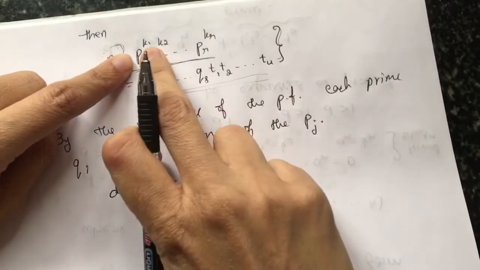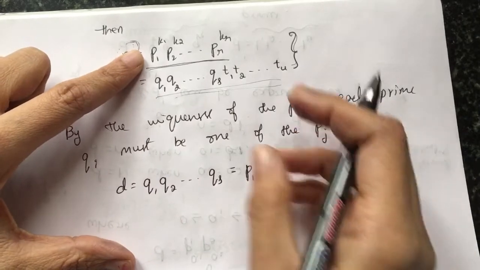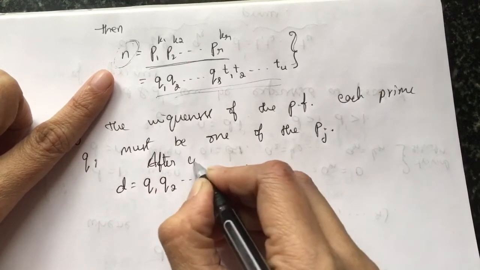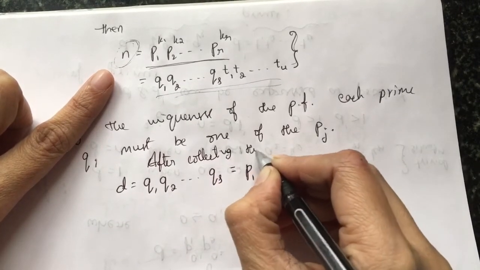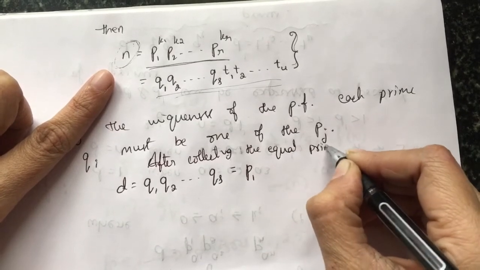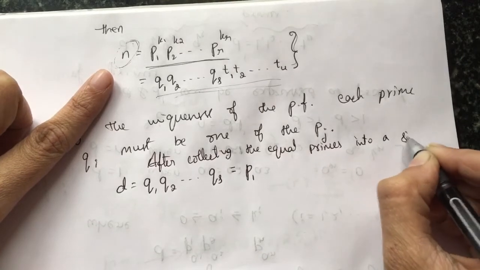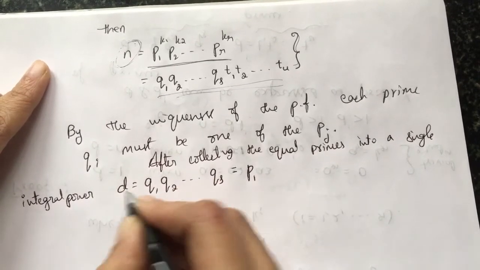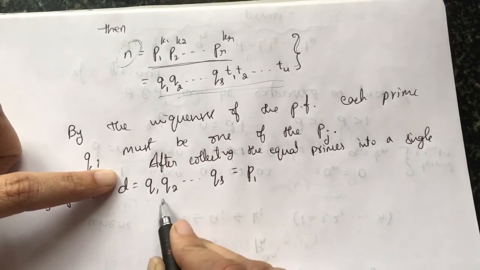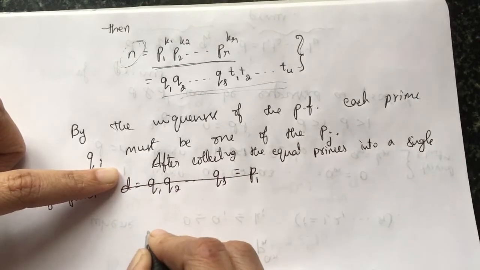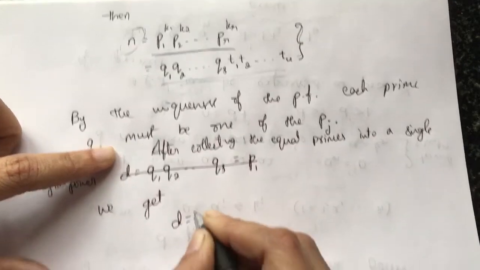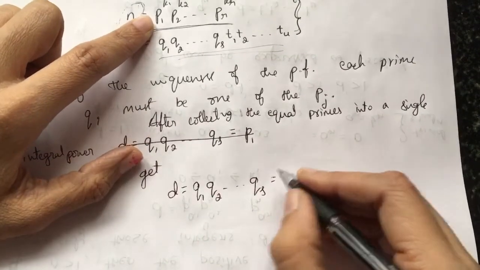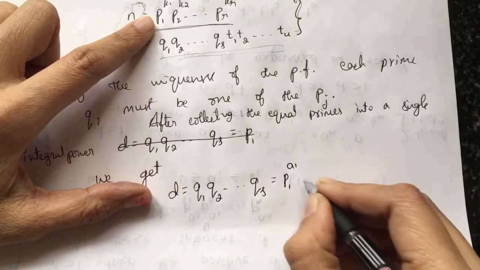I don't know how many times each prime is repeated, so after collecting the equal primes into a single integral power, we get d equal to q1 into q2 up to qs, equal to some powers of p1, p2, up to pr.